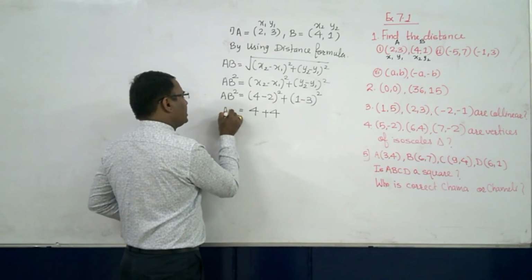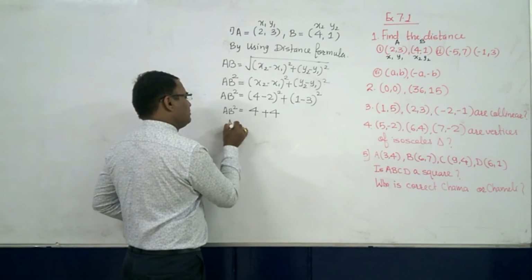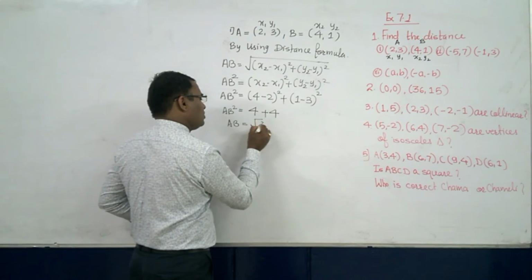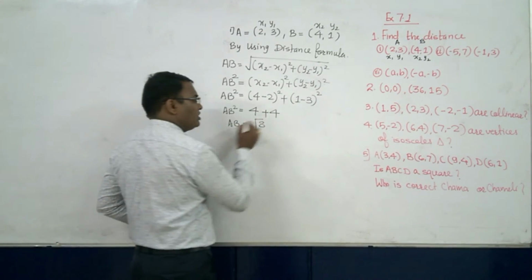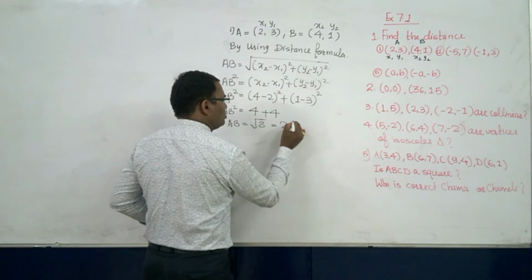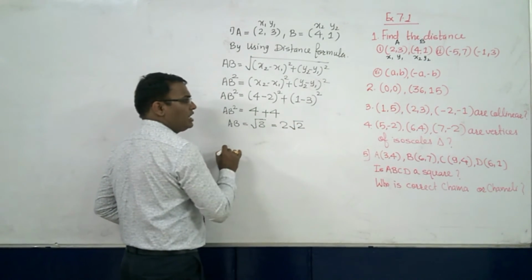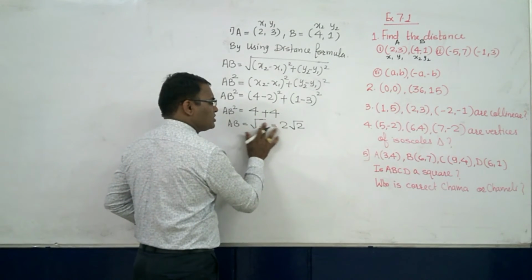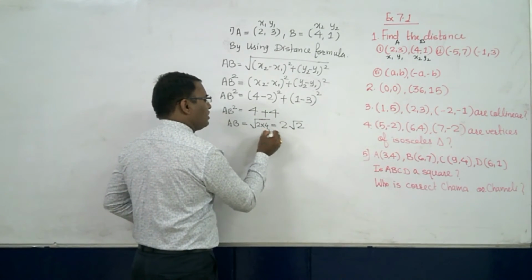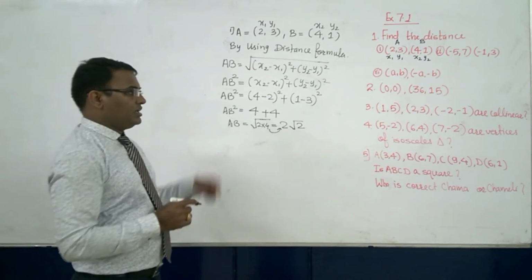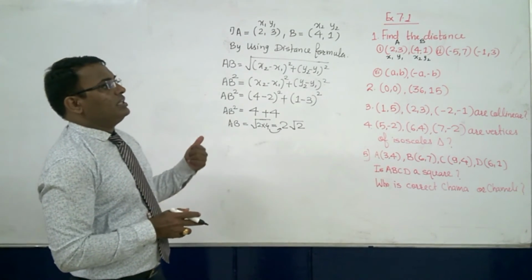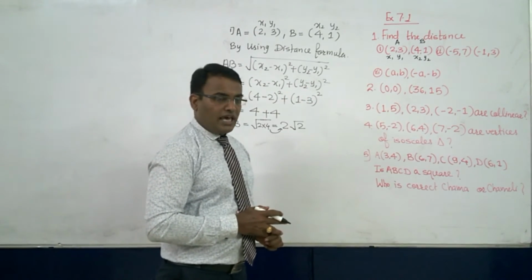So here you are getting AB square is equal to 8, that is 4 plus 4. So AB is equal to under root of 8. Now under root of 8 can be written as 2 into root 2, because 8 is 2 times 4, so this 4 will come out as 2, and it is 2 root 2. Right?